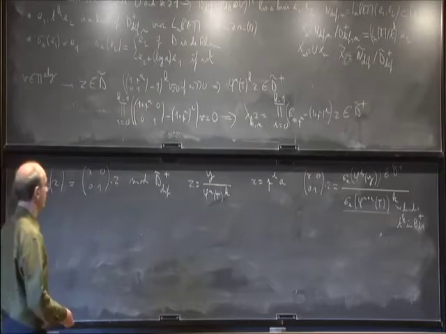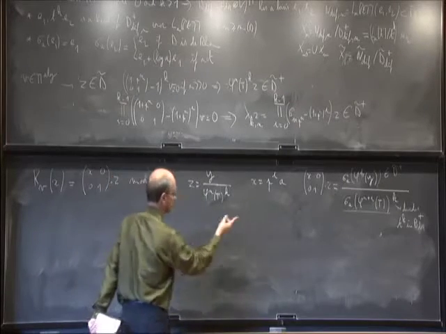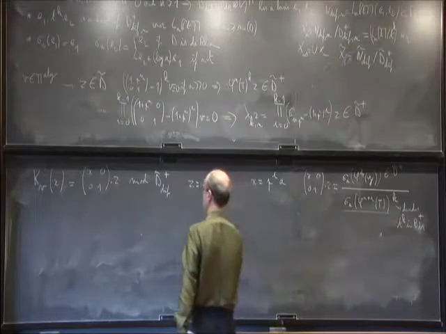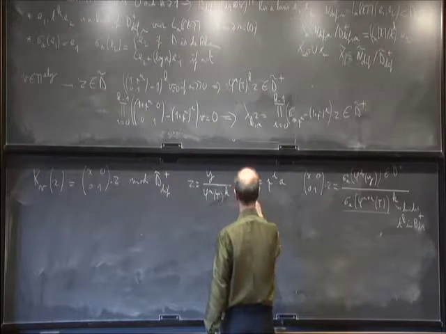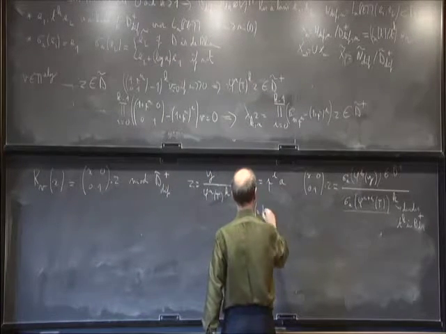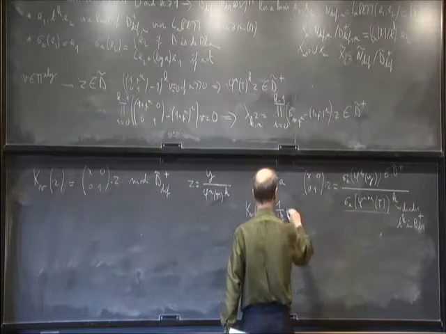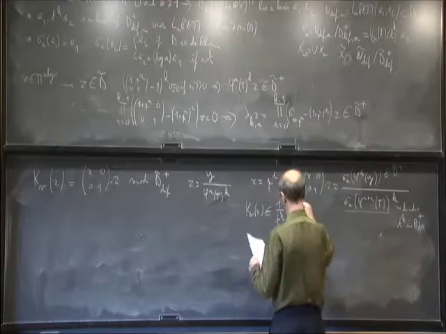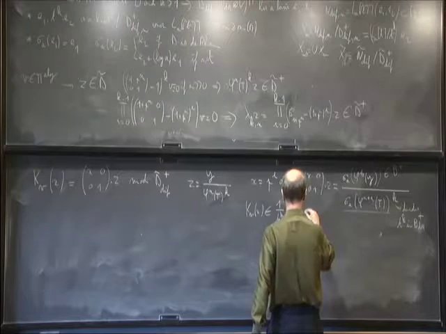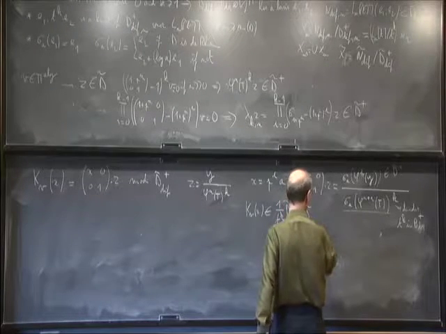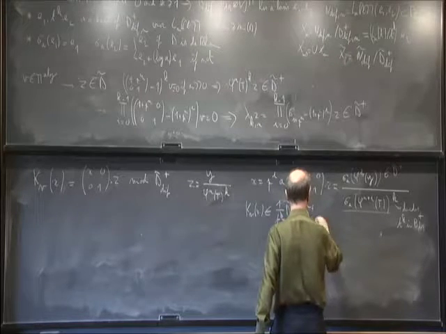And in fact, because of what I said, this kv of x is an element of 1 over t to the k d tilde plus modulo d tilde plus diff.